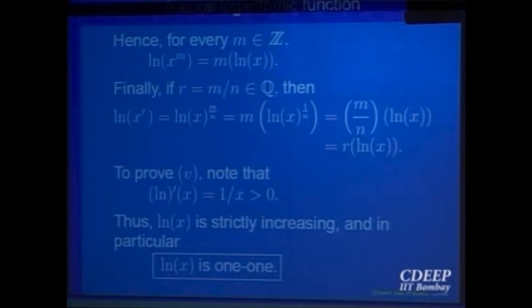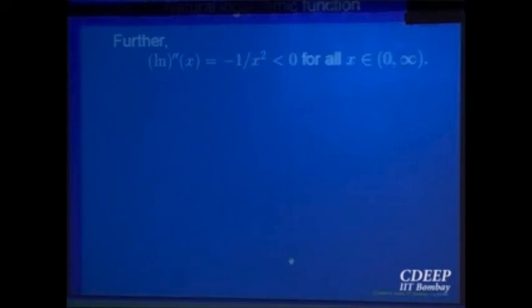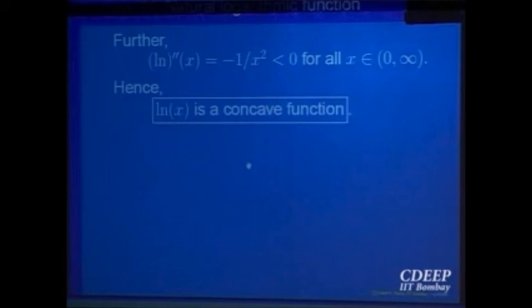It is an increasing function, so I should show that it increases to infinity. That will show it is onto. The second derivative, minus 1 over x square, is strictly negative everywhere, so it is a concave down function.